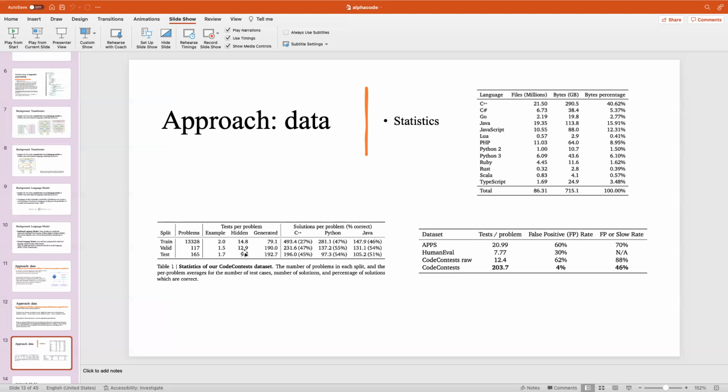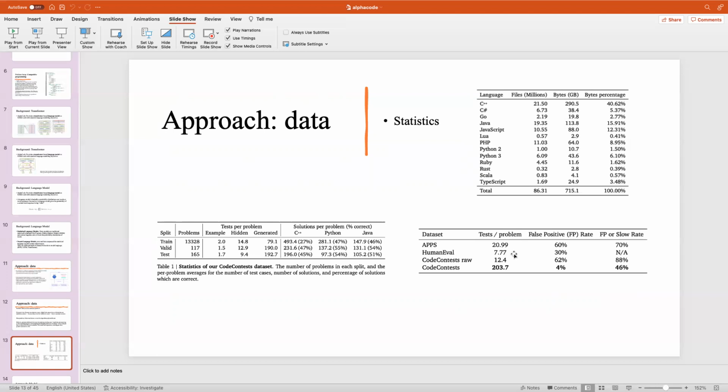You can see it's divided into train, validate, and test sizes, and it has mostly 3 languages: C++, Python, and Java. And the top table is a breakdown of the GitHub data set they use to pre-train the model. It contains many more different programming languages, including those listed in the table. And you can see the majority is still C++, which takes 40% of the data.